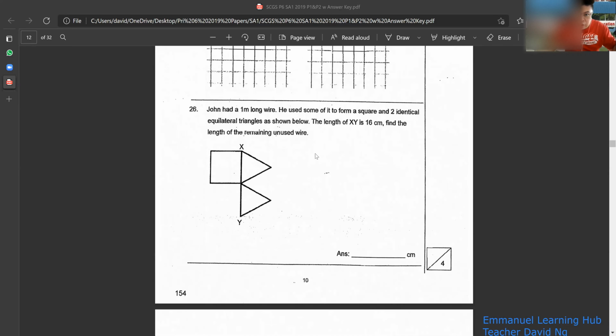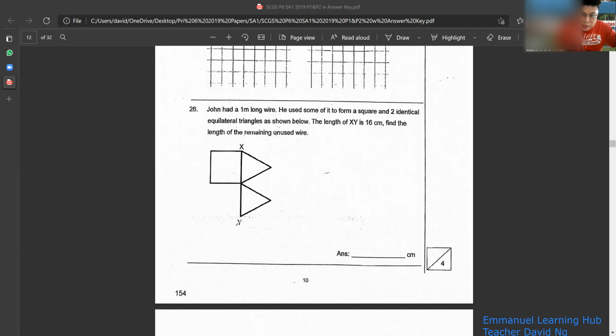Okay, 26 is here. John had a 1 meter long wire. He used some of it to form a square and two identical equilateral triangles as shown below. The length of XY is 16 cm. Find the length of the remaining unused wire. Okay, equilateral triangle, right?